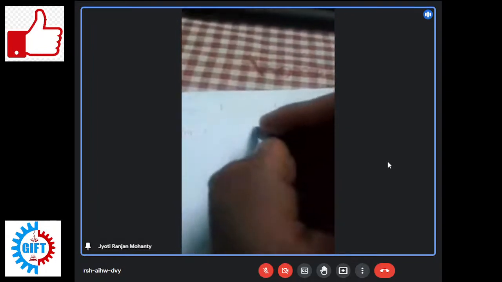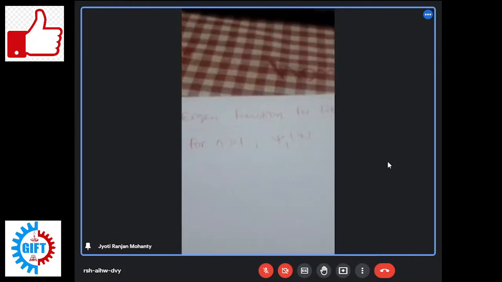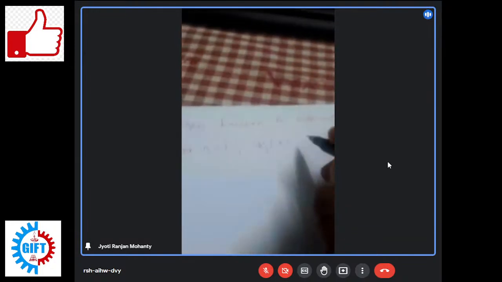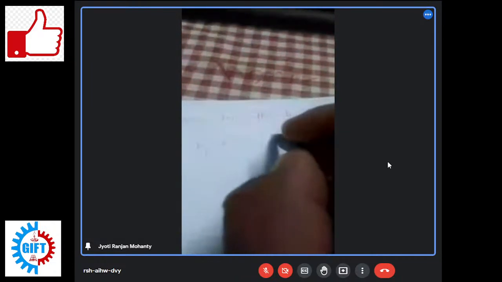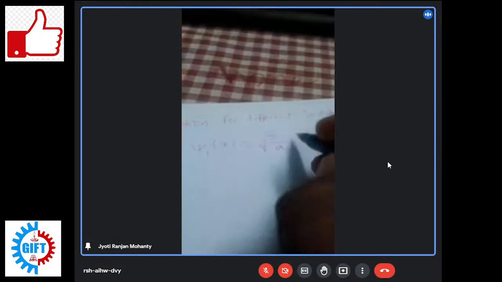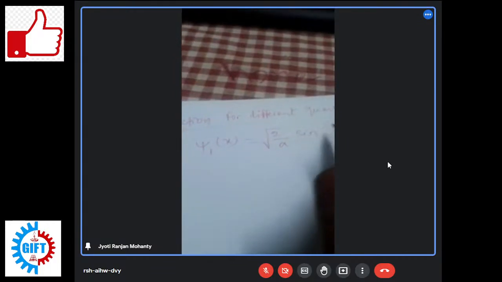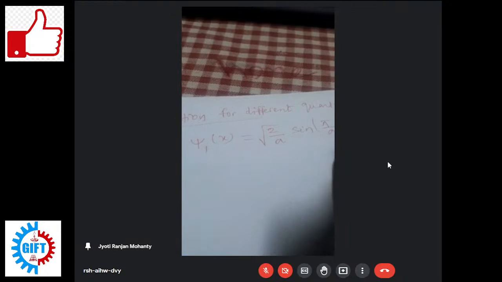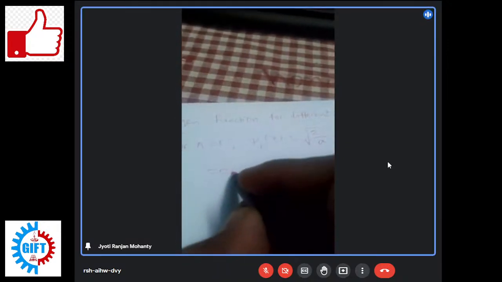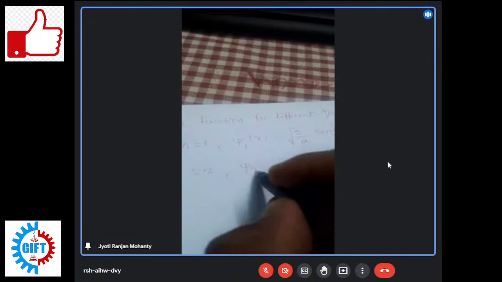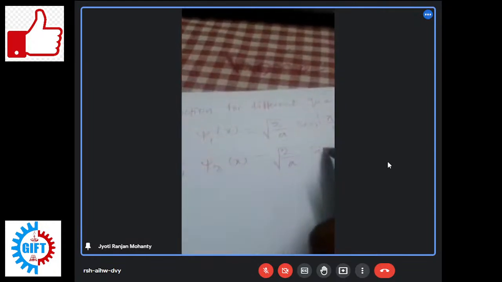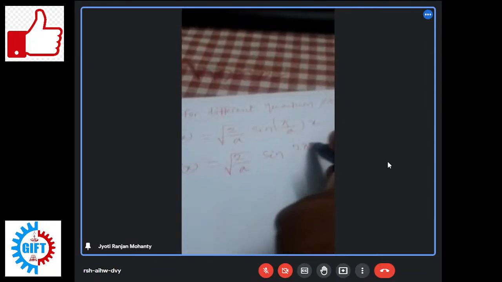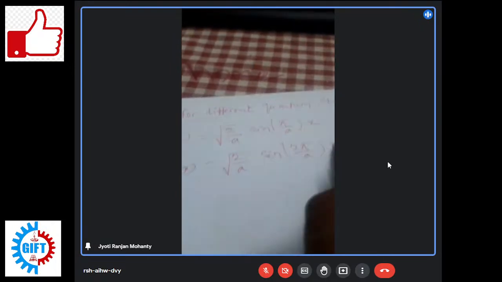What will be your psi 1 x? Soumya, are you there? Soumya is not responding. So who can say, for n is equal to 1, what will be your equation? Psi 1 is equal to under root 2 by a sin pi by a into x. For n is equal to 2, psi 2 is equal to under root 2 by a sin 2 pi by a into x.